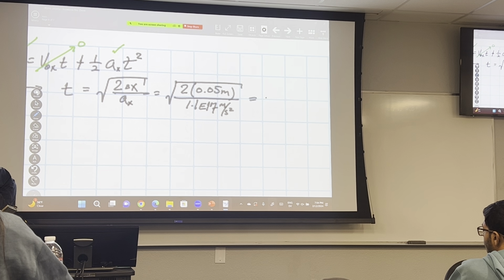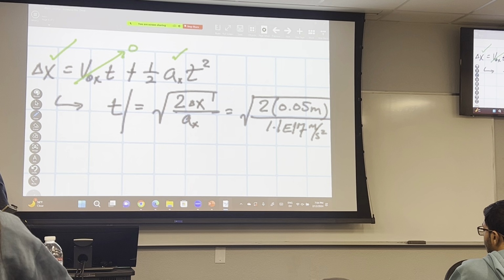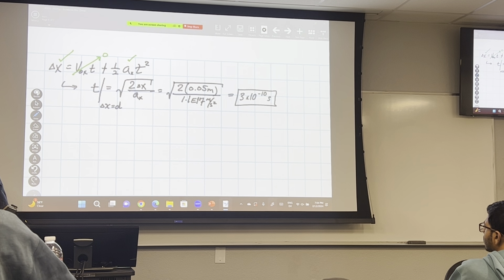And if you do that, you'll get a value of 3 times 10 to the negative 10 seconds. And so this was how long it takes for the electron to travel, because this was the time corresponding to delta x is equal to d. So that would be the answer to number 1.